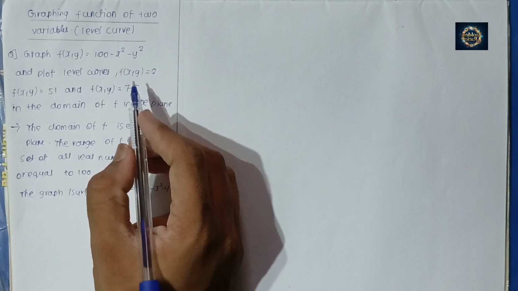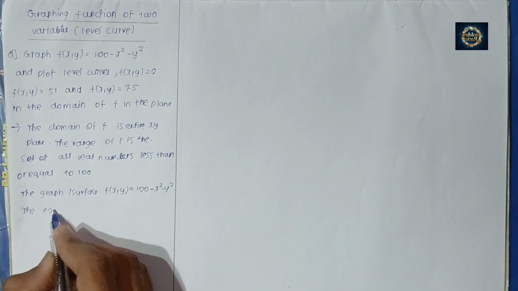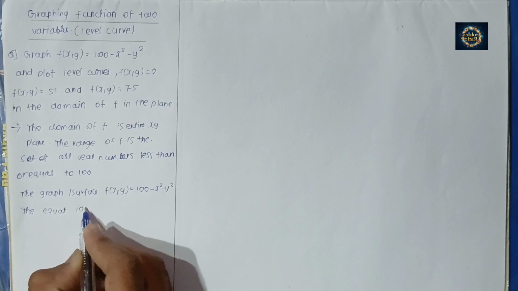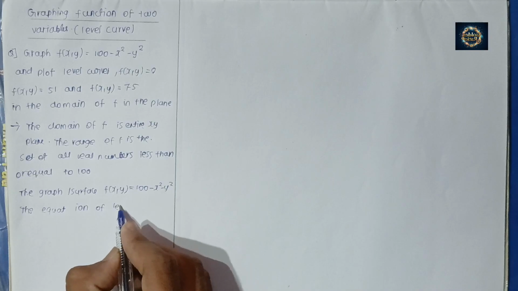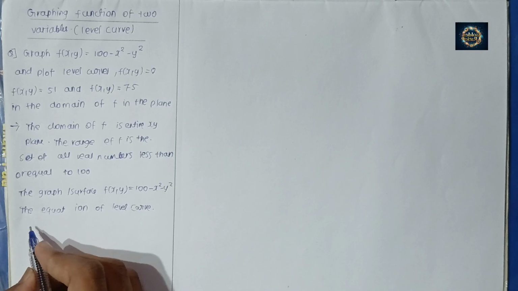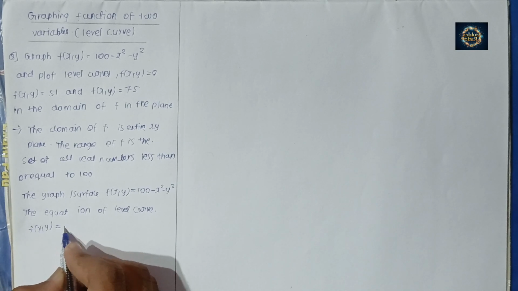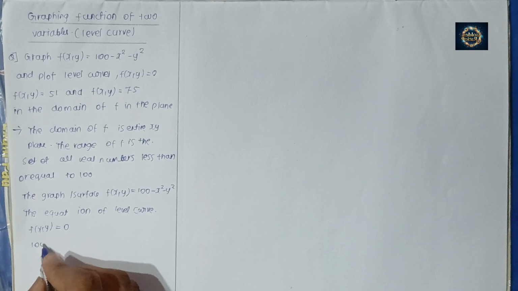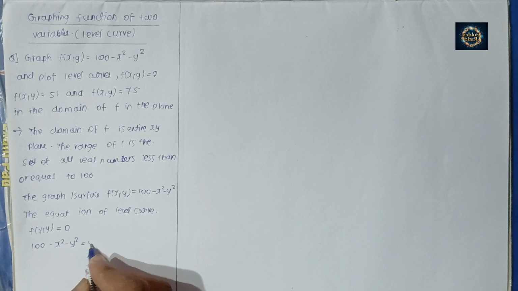We just need to write the equation of the level curve. The first equation they have given is f(x, y) = 0. So f(x, y) is 100 - x² - y², which is equal to 0.